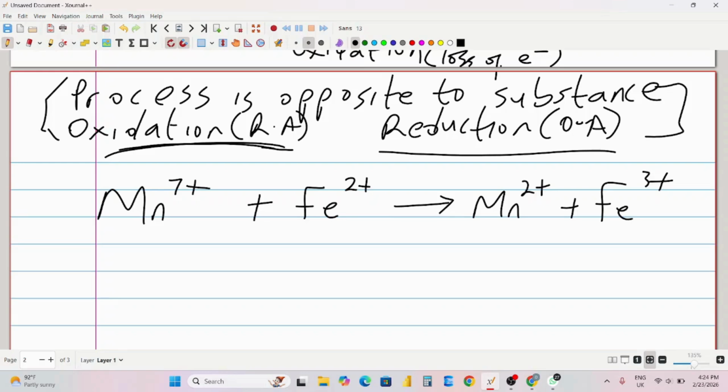I'm sure we're familiar with manganese. It's been in our faces for a while now. Element. So when we look at it, this is +7, and here it is what? +2.